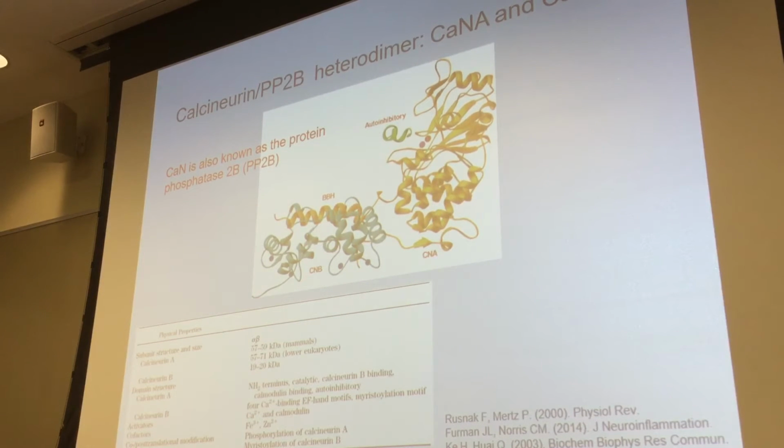Now our calcineurin B subunit can be myristylated, and so the myristic fatty acid gets bound to one of the N-terminal glycines, and it will now be able to bind to the membrane when that happens. So that could actually anchor it to the membrane if it gets myristylated.